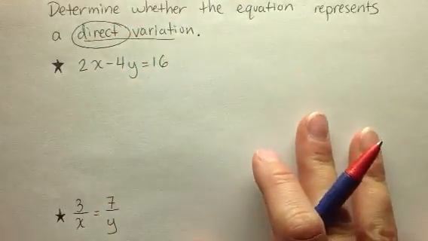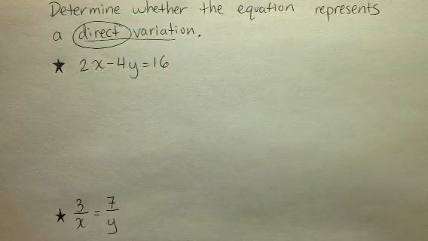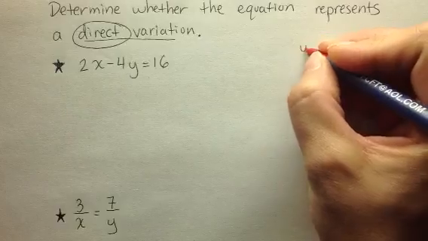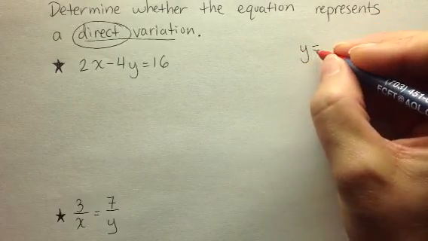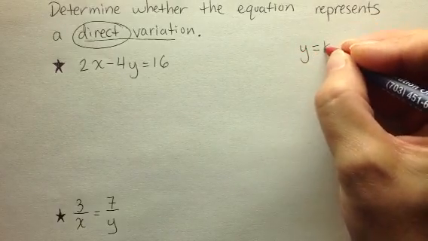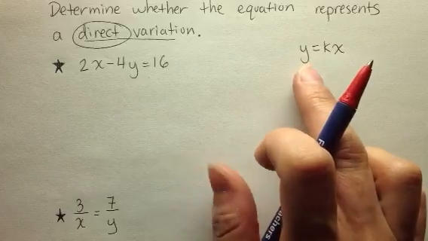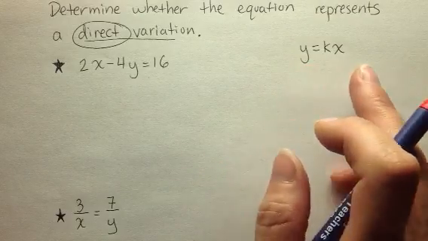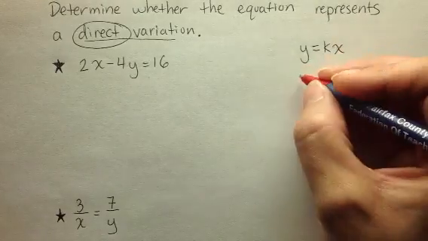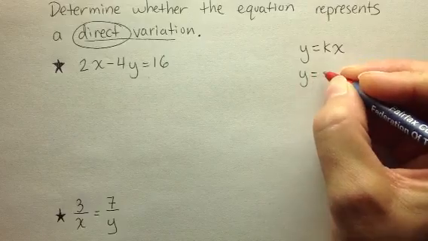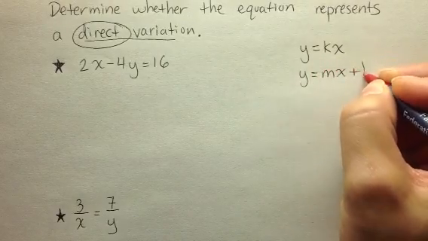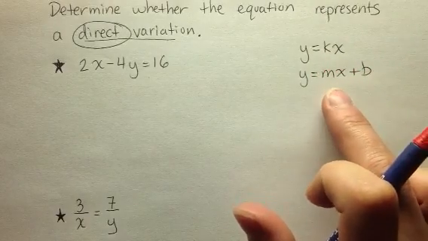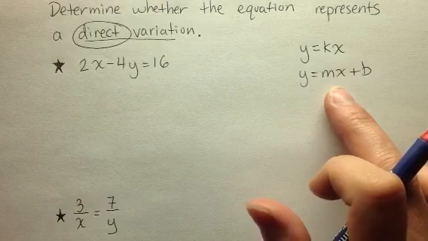So what do I know about a direct variation? Well, there's an equation for it that you really have to memorize. It's y equals kx. So we're in y equals form, and what we might notice is that it looks a lot like our slope-intercept form of a linear equation.